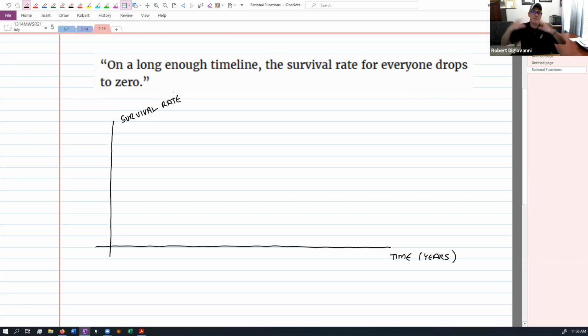Think about the survival rate as a measurement of the probability that something is still living. Okay, so let's just think about humans for a moment. Say that a human is born, and we're not going to have a debate about when life begins. We're not going there. Let's just say that we all agree we have a living human being, and let's say that's time equals 0.